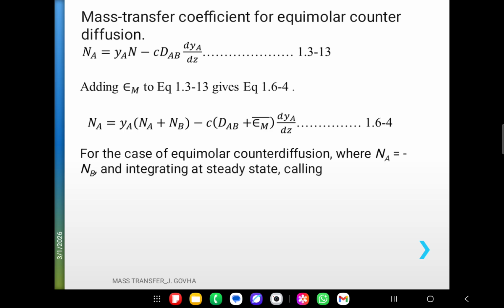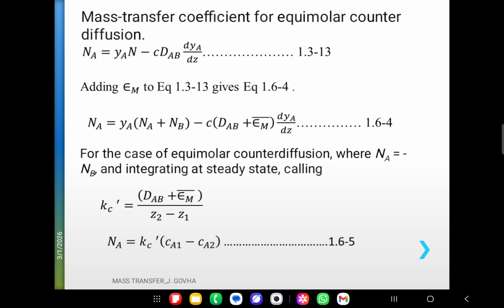When we talk about equimolar counter diffusion, this term, as we had already seen, will be equal to 0. So we will simply be left with Kc equal to this value, and NA is equal to Kc times CA1 minus CA2.